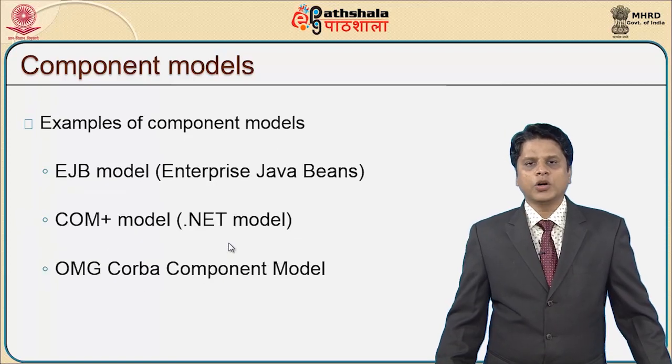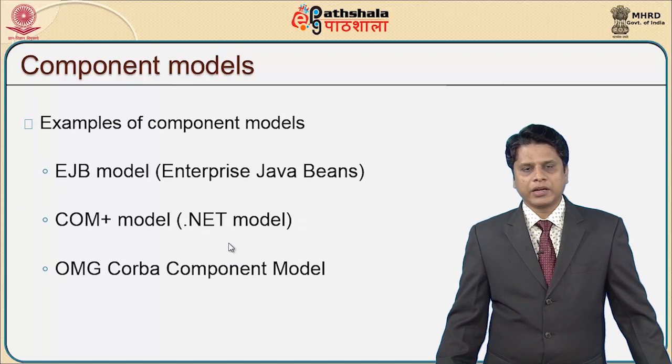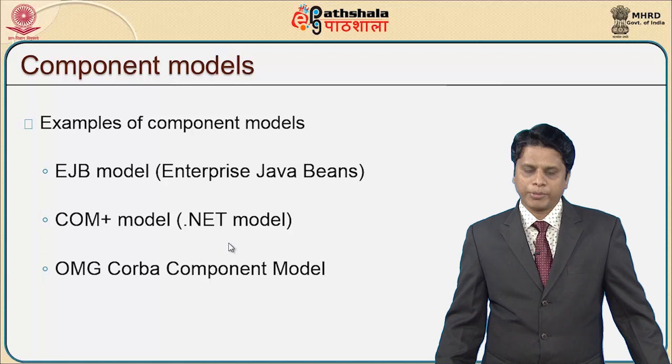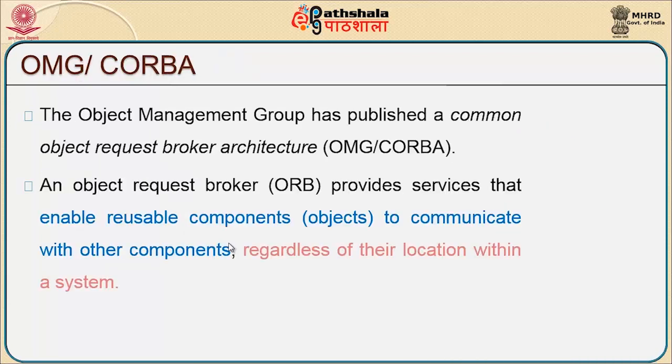Some of the very well known component models that we see in the real world are the Enterprise JavaBeans model, COM+, which is part of the .NET framework, and the CORBA component model. If you look at the Object Management Group's CORBA, it has established a common Object Request Broker Architecture, and an object request broker provides services that enable reusable components to communicate with other components.